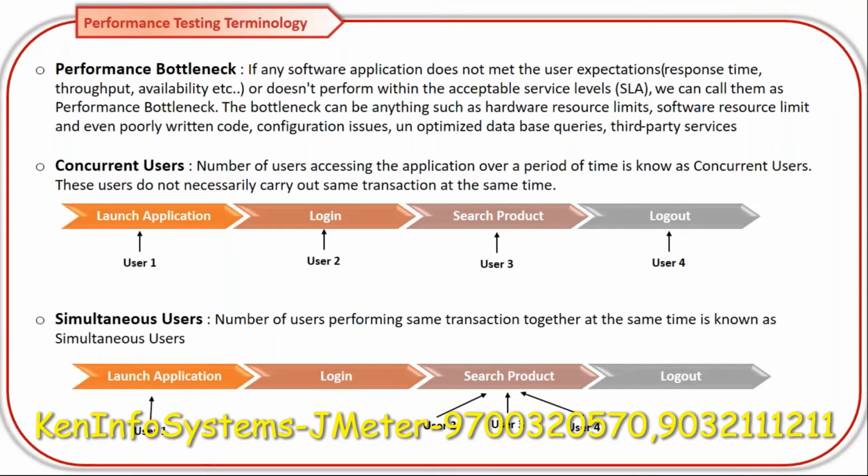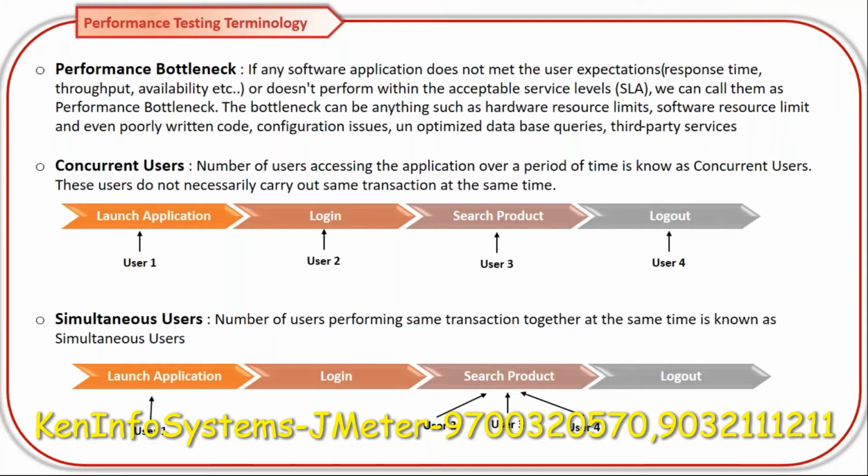For any business scenario, like this product searching business scenario, what steps or transactions are there: launch application, login application, and product search, followed by logout. So here we have a requirement that we need to test this application with 4 concurrent users. 4 concurrent users means the first user might do a launch application.